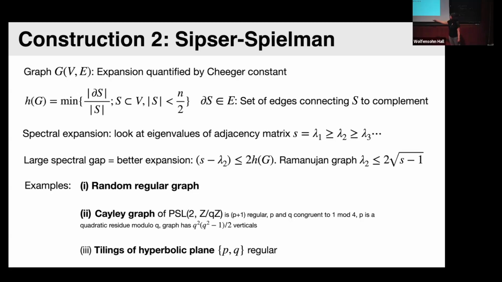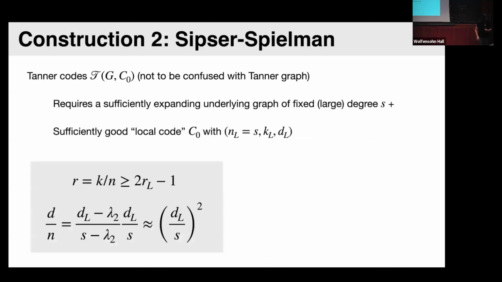This is a particular type of group with some properties that you can study, and this gives you graphs of known degrees with known numbers of vertices, and you can scale this up. Or you can look at tilings of hyperbolic planes, and I showed you both pictures previously. So that's how you get these types of underlying geometries.